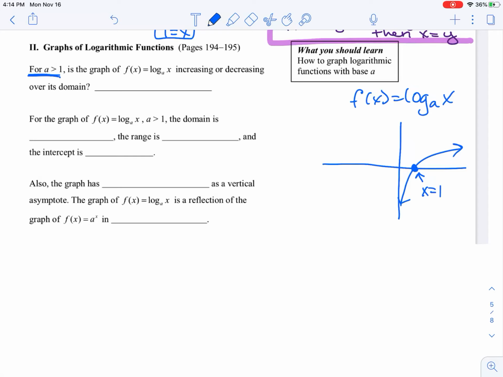This is at x equals 1, that this has an intercept. Before, the exponential function had an asymptote of the x-axis, but this asymptote is the y-axis. Okay, so that's our function for log. So over its domain, we see from left to right, it is increasing.